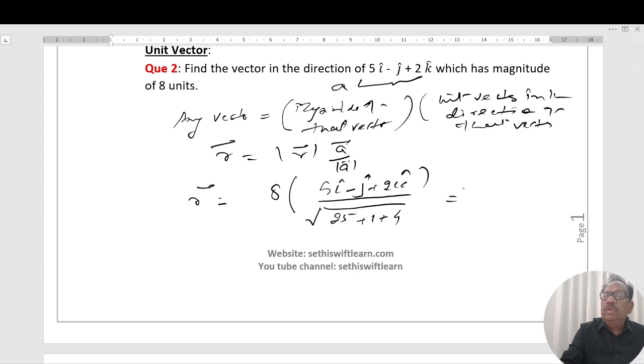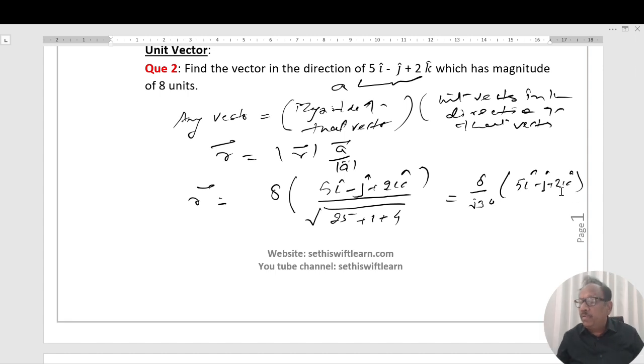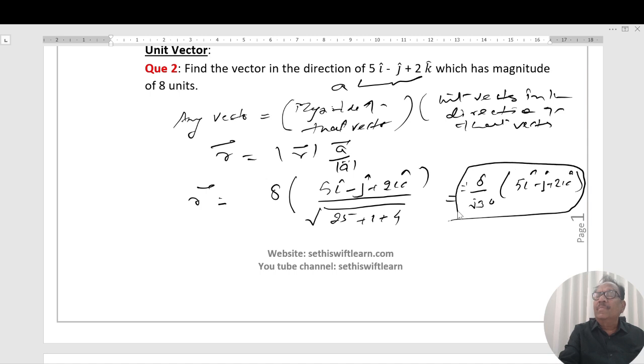On simplification, this comes out to be 8 by root 30 times (5i minus j plus 2k). So we consider both plus and minus, because the magnitude can come out positive as well as negative. This is the correct answer, right.